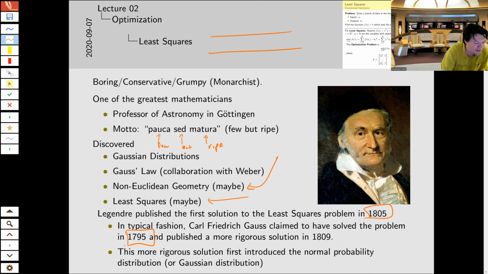And in fact, he did publish a far more mathematically rigorous solution to the problem 4 years later in 1809, not to be rushed into such things. But it was a much better solution, and in fact introduced another thing he's well known for, which is the normal probability distribution or Gaussian distribution.